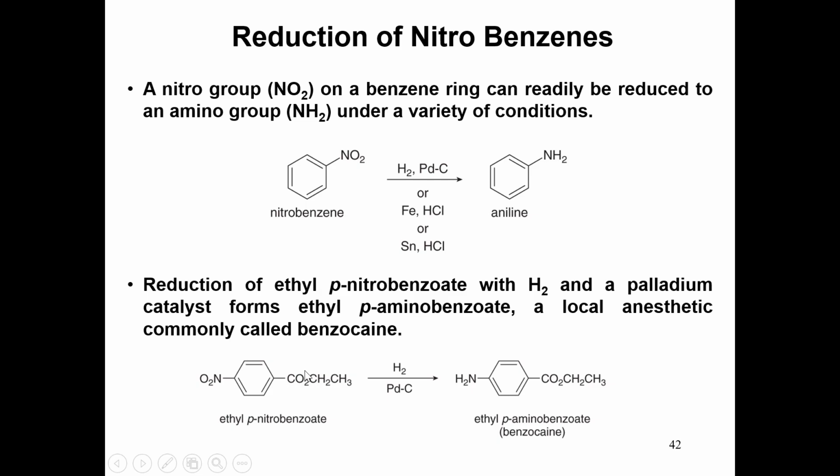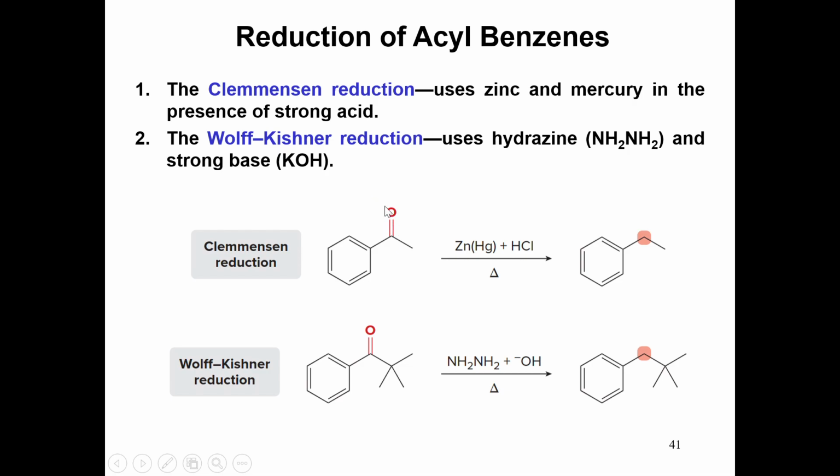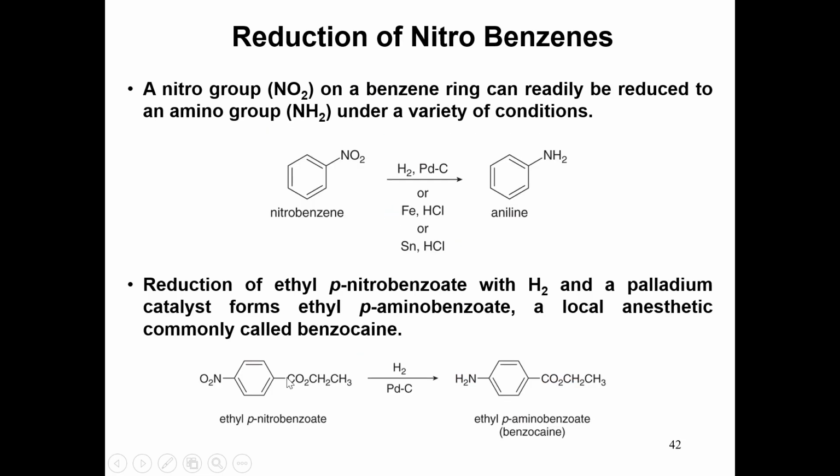The ester will not be reduced. But a ketone, like the structure in the previous slide, is not an ester. It's a pure carbon-oxygen bond. A carbon-oxygen double bond can be reduced here, but a carbon-oxygen plus another oxygen, the ester group, is not reducible with the hydrogen.